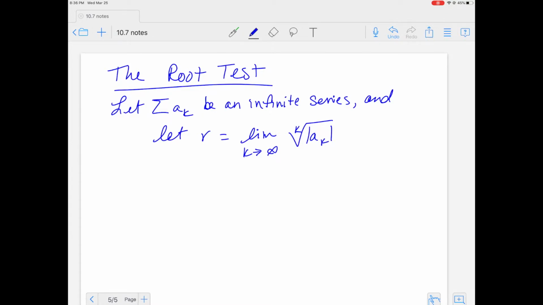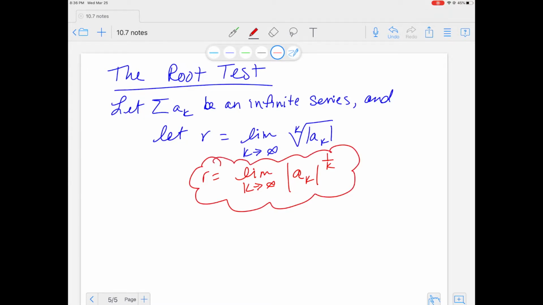I'm not going to write it like that. What is the same thing? What's another way to write a root? Yes, fractional exponent. So my limit as k approaches infinity of a sub k to the 1 over k power. This is how we are going to write it, because as you will see, it makes more sense.